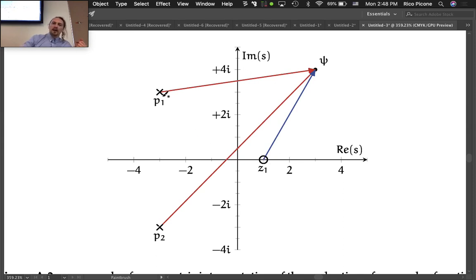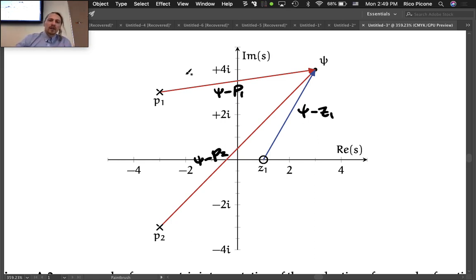We've got these poles, and this red one is psi minus p1, this red one is psi minus p2, and this is psi minus z1. Those are those vectors.